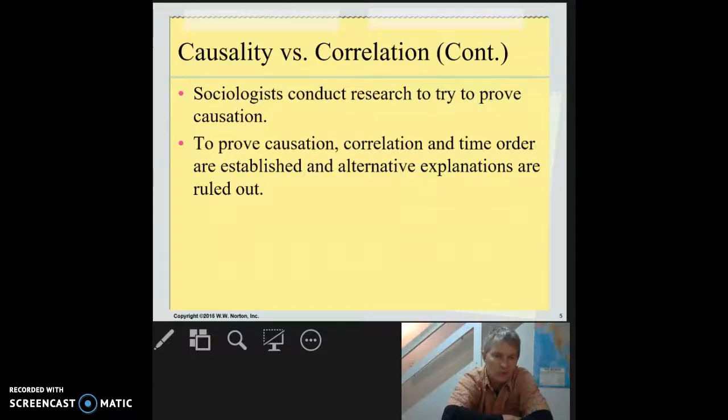Another example, and it's the one that I usually refer to quite often in class, is the connection between rape and ice cream sales. We can argue whether there's causation or not, but if we're looking at the time order, we see that there's a correlation.